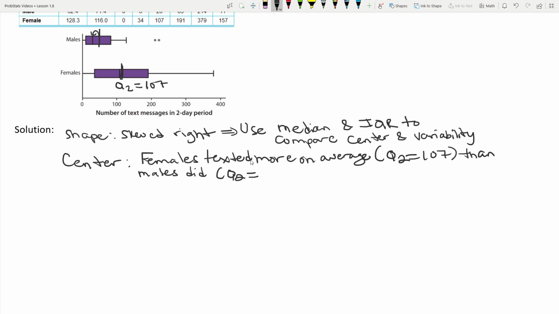Now, the second quartile for males is all the way down here, which happens to be around 28. So if this is like the 50 mark, around 28 or so. So around 28 text messages.